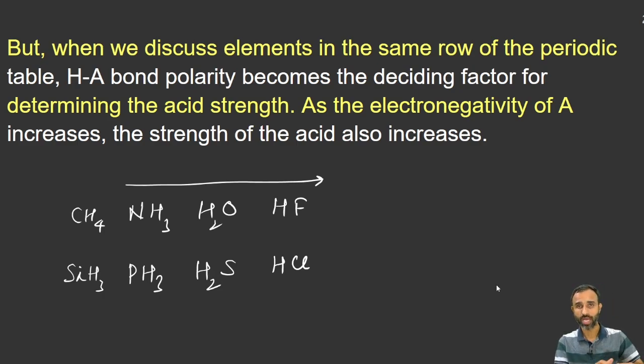So as we go along the period, electronegativity of the element is a deciding factor. Polarity of the bond decides, because along the period electronegativity is dominating factor.